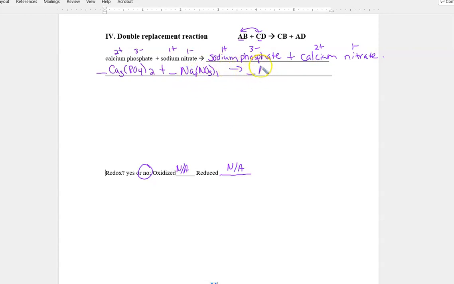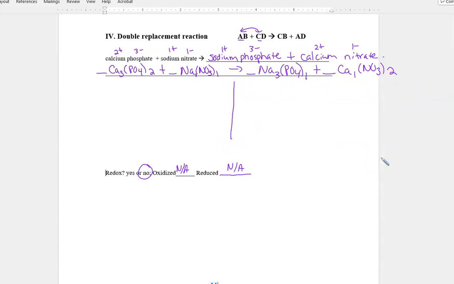And so we're going to get Na3. I'm going to go ahead and put my parentheses and my 1. It's going to help you see something. And then I'm going to put Ca1(NO3)2.